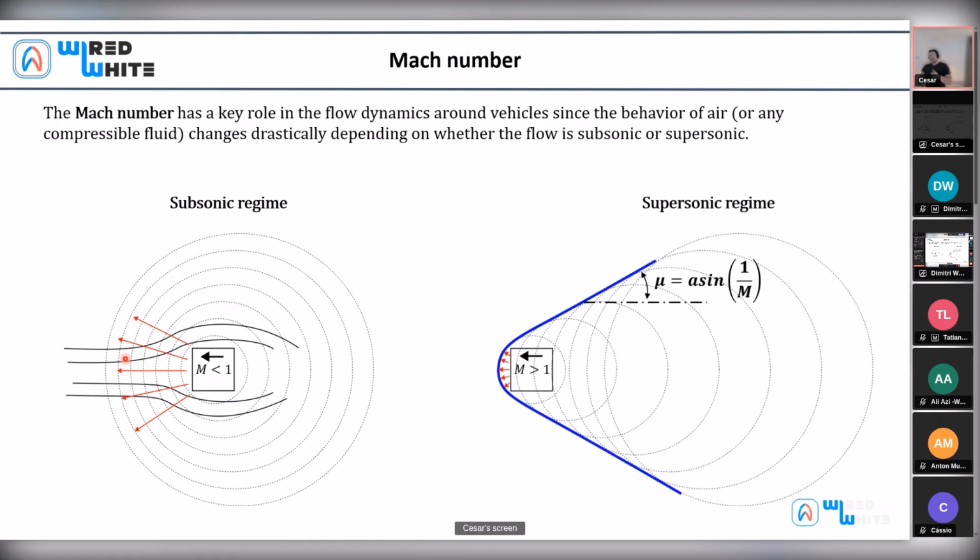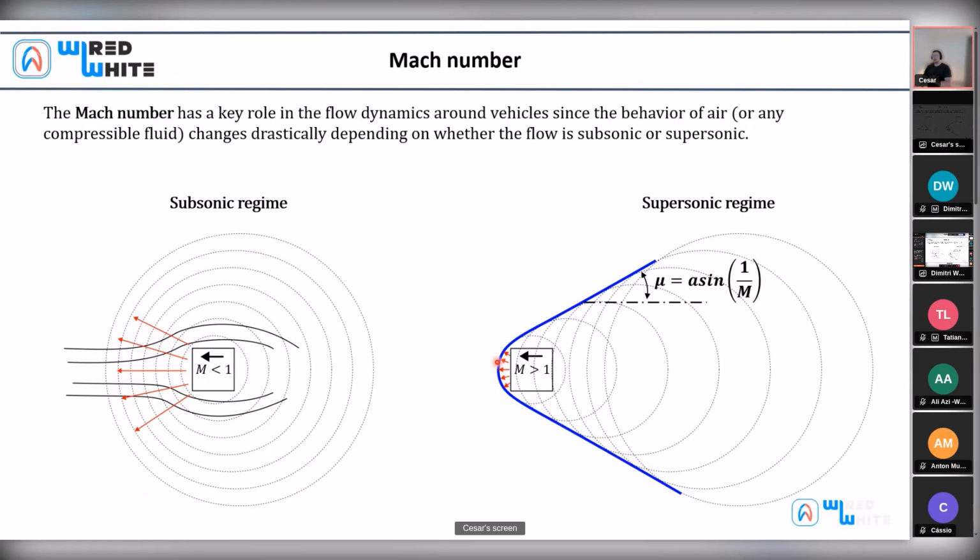However, this is not the case in the supersonic regime, because when we have an object which travels faster than the speed at which information propagates, basically the flow will not detect the body unless it abruptly hits it, right? So what occurs is that the information doesn't travel upstream, and then the flow goes from whatever speed it has down to 0, right?